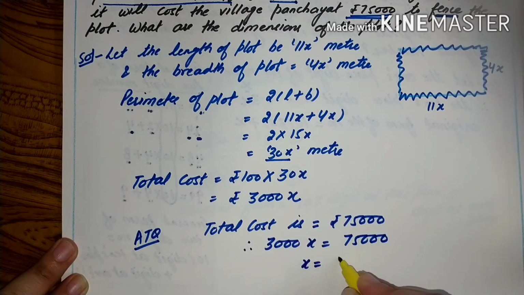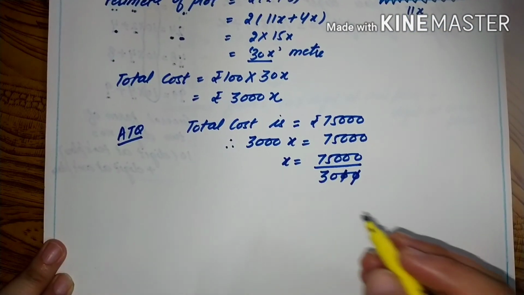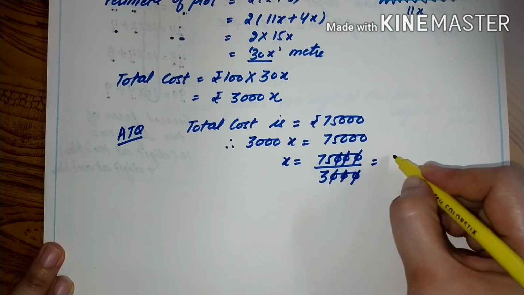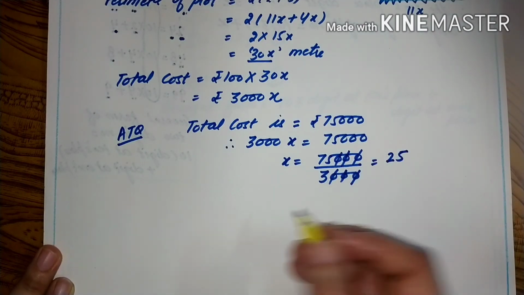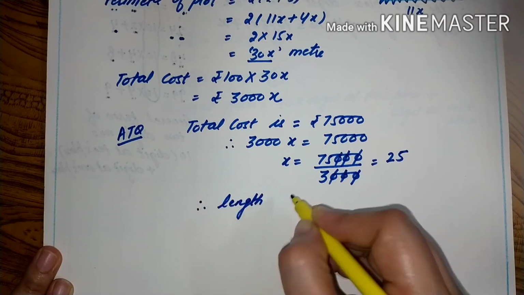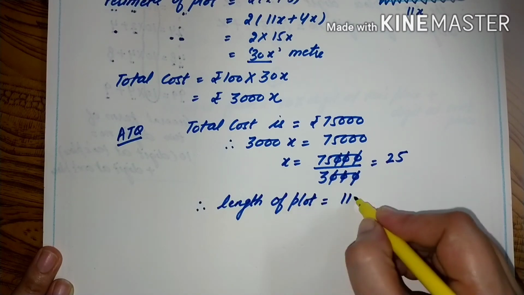So x will be 75,000 upon 3,000. So it will come, zeros will cancel. 75 divided by 3, it would be 25. So therefore, the length of the plot, it was 11x.